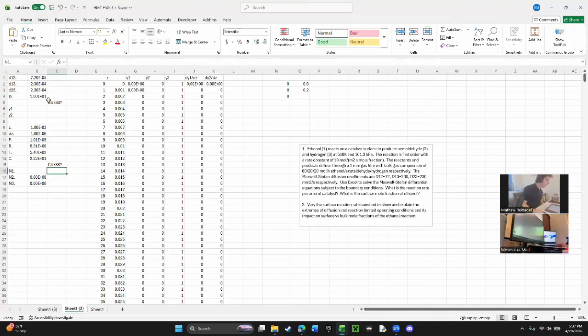So if we wanted to take a guess for what N1 is, we could say that this is probably the pressure multiplied by the diffusivity, and in this case, for N1, it would be D12.